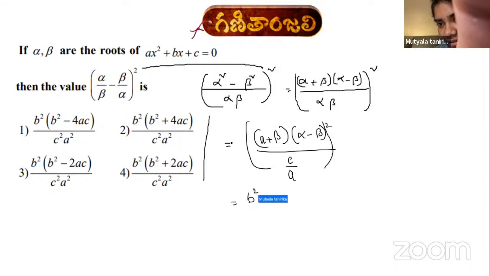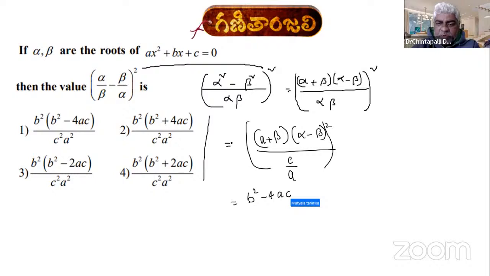And do you remember, just now we have found the formula for alpha minus beta? We just cancel the root and write the remaining part, b square minus 4ac. We are writing alpha minus beta whole square only, but alpha plus beta is there before that.